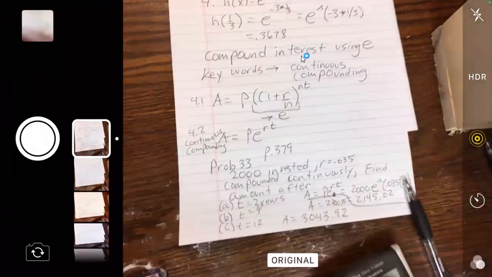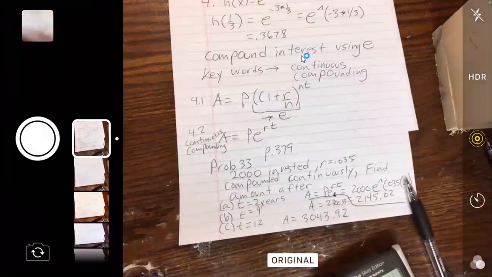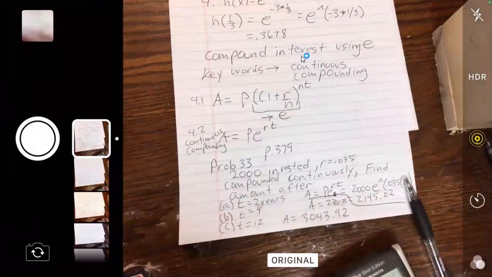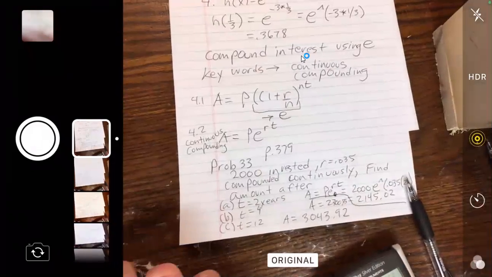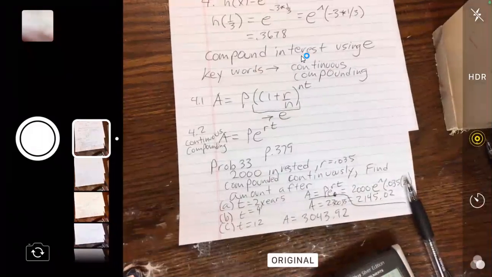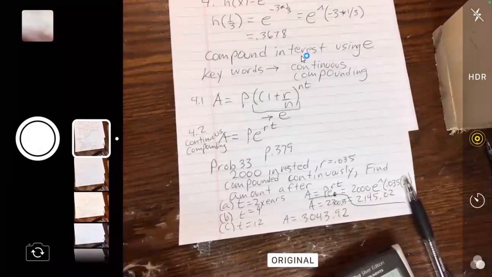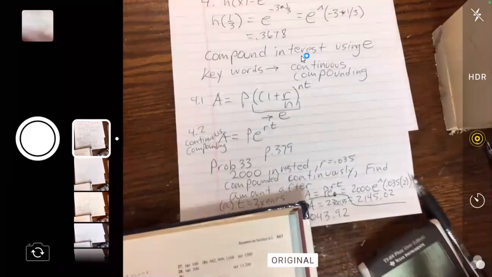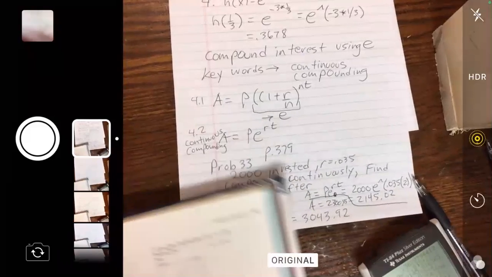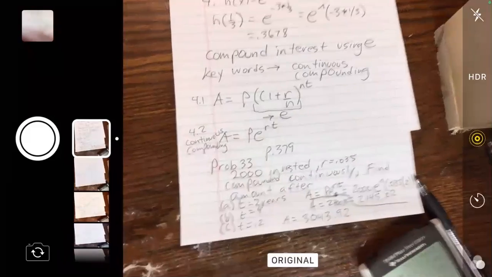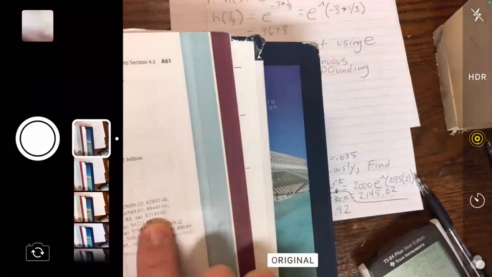I can look those up in the back, see if I'm an idiot. 4.2, problem 33. Let's see if I can get these on the screen. 2145.02 right there.